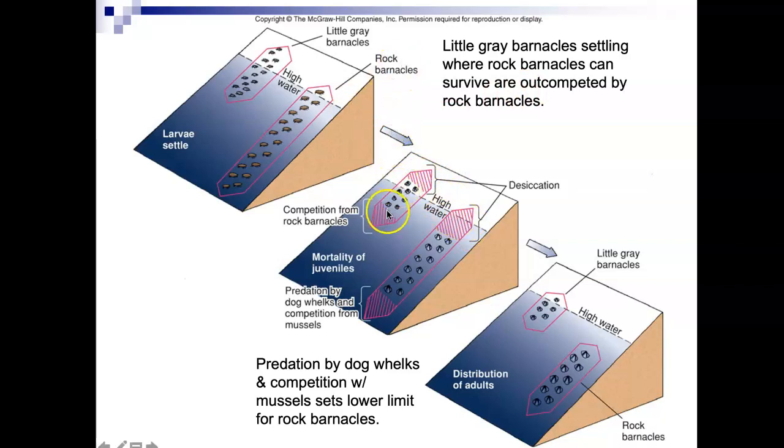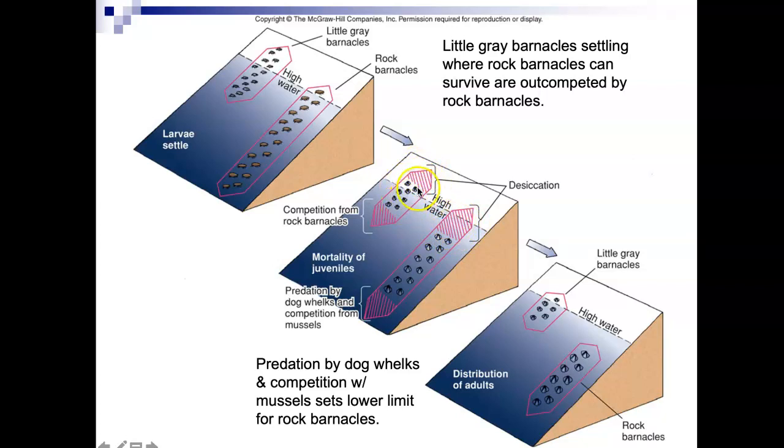The little gray barnacles, even though their larvae could disperse up in this area, simply couldn't stand the desiccation. They would just dry out and die. The rock barnacles, which are larger, couldn't withstand this area because being larger, they would simply dry out quicker.